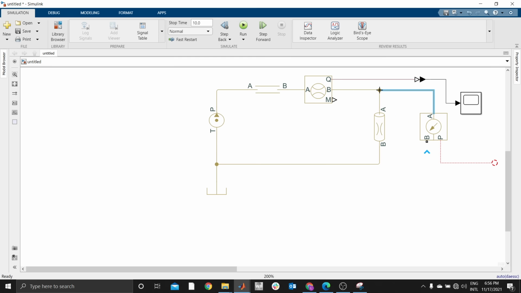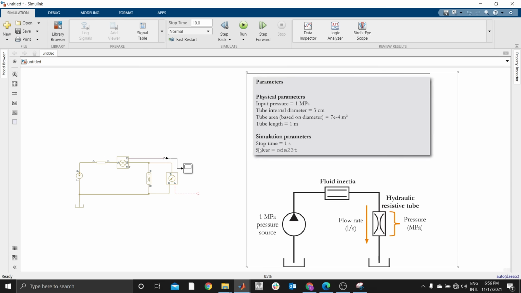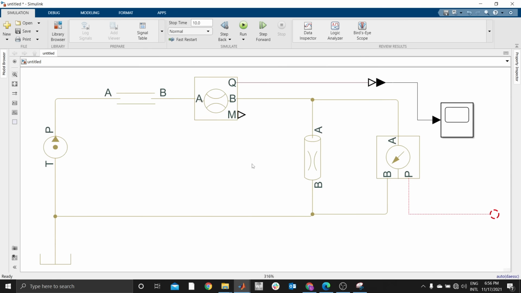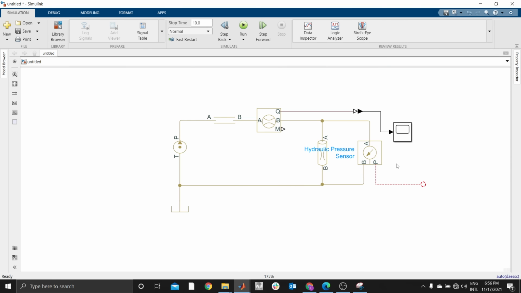I have to connect it here, A, then B here, like that. Let me delete this, like that. Then I need to convert. Always use convert for that one. Then we need to get this value here, like that.